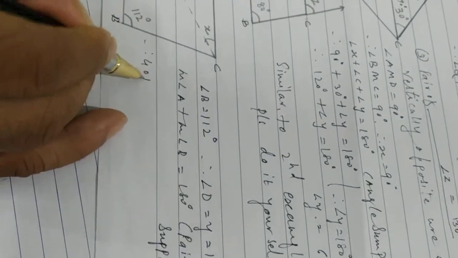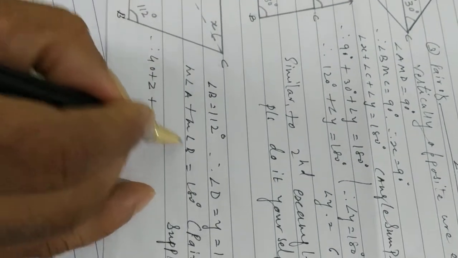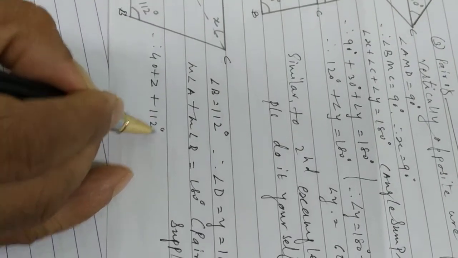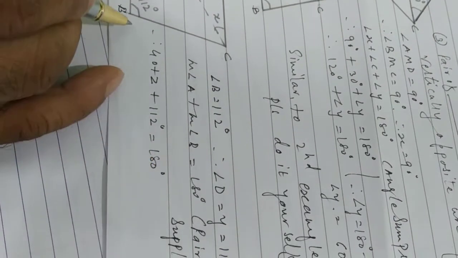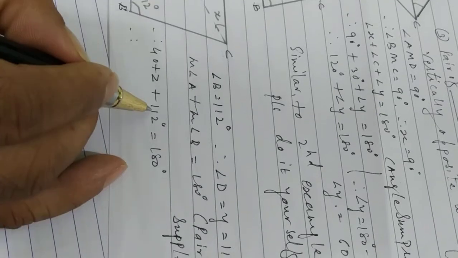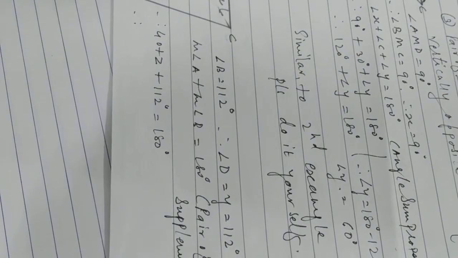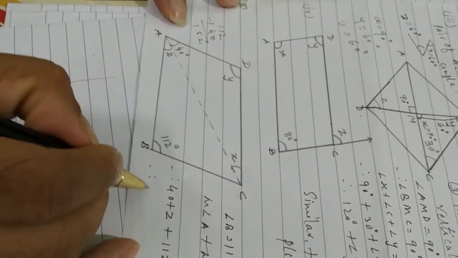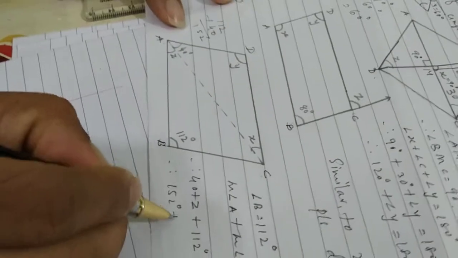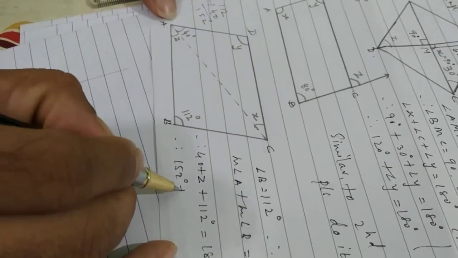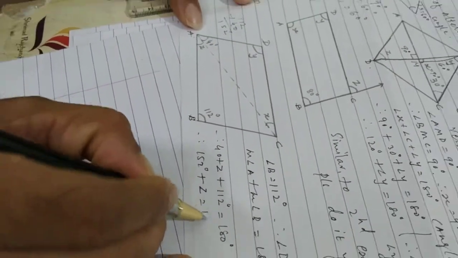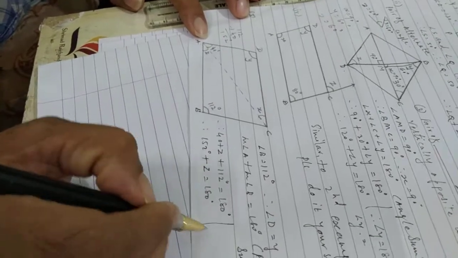Now measure angle A is equal to what? 40 plus Z plus measure angle B, 112, is equal to 180. Therefore 40 plus 112, that is 152 degree, plus Z is equal to 180 degree.